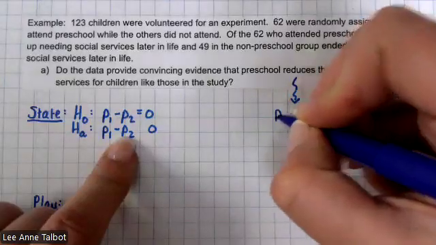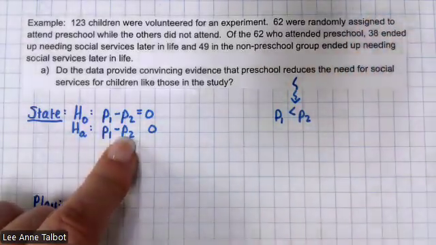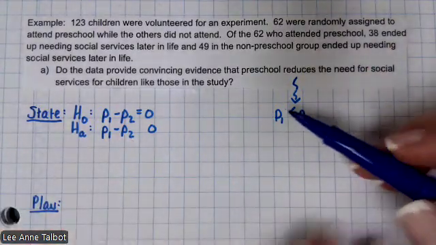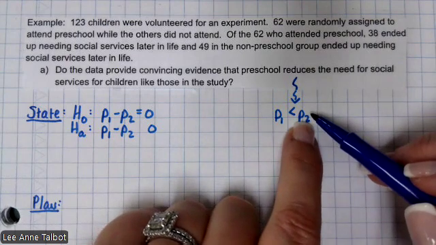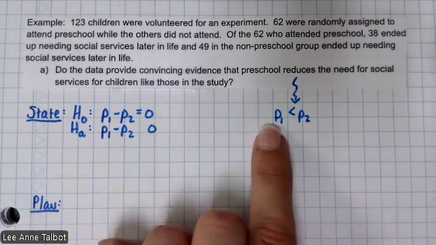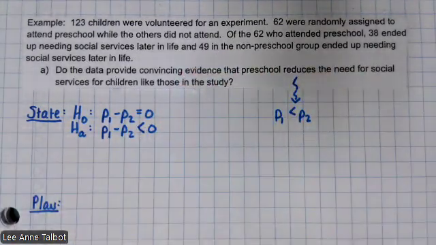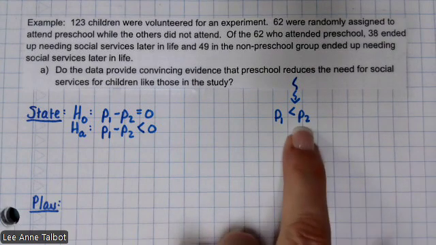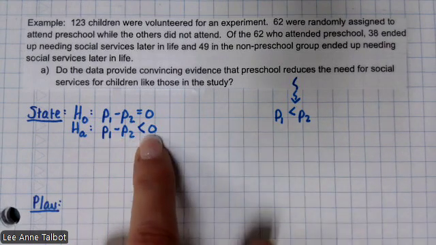So we're saying reduces: P1 is less than P2. So the preschool group needs services less than the non-preschool group. Okay, what you're going to do is subtract P2 from both sides and make that less than. Do you see what I did? I subtracted P2 from both sides in my mind and made it P1 minus P2 is less than 0.